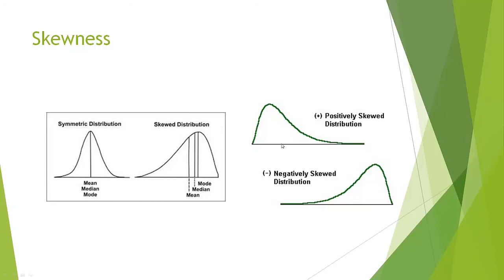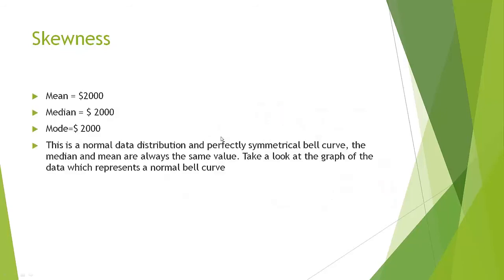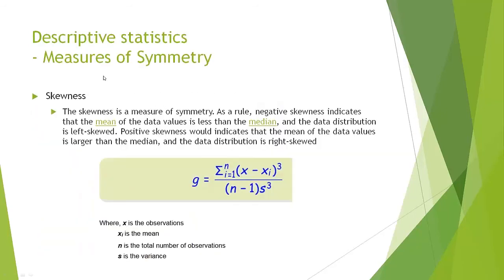With a little bit of imagination, you will be able to appreciate this concept, why mean and median vary when there is positive or negative skewness. Okay, this is about the measure of symmetry, skewness.